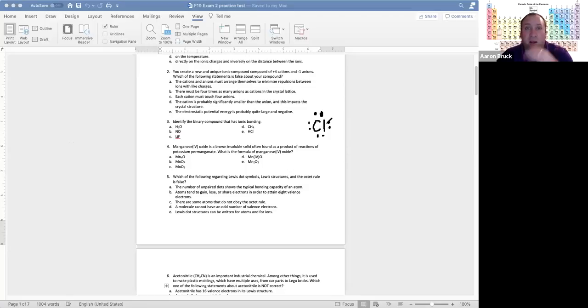Okay, so again, there's a difference between the octet rule and formal charge. In our example here, the chloride ion, right now the octet for chloride is satisfied. It's got 8 electrons around it. It's got a full octet.